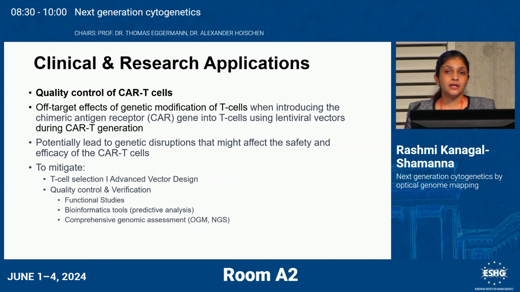So in addition to the sequencing, OGM, using a combination of both would provide a very feasible way to look at it before, to make sure that there is no damaging genetic changes that's already occurred.